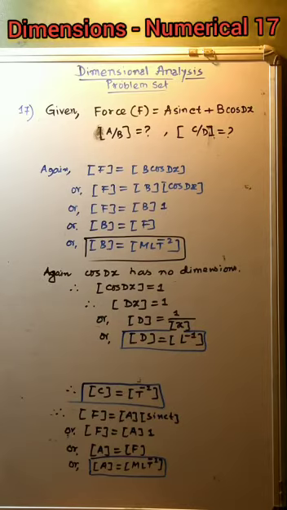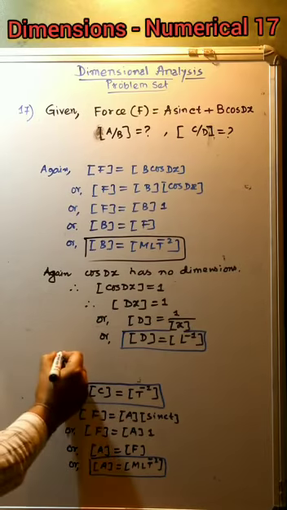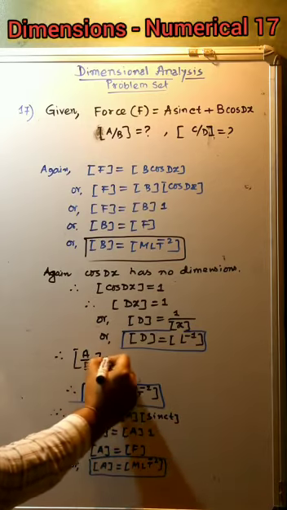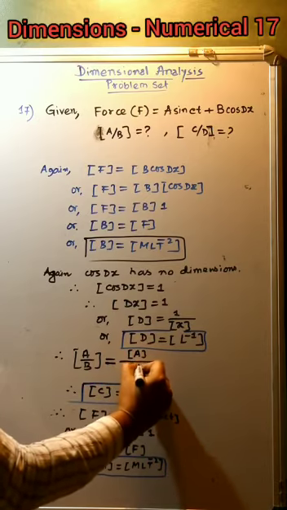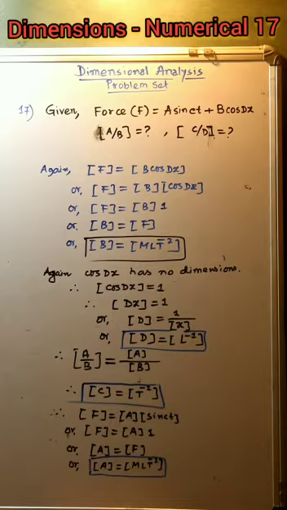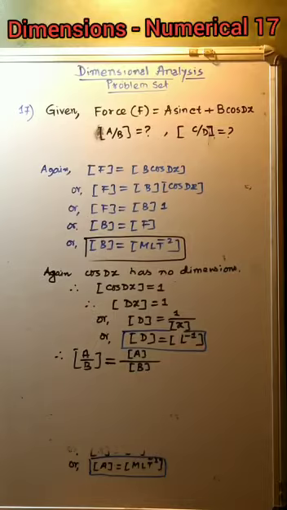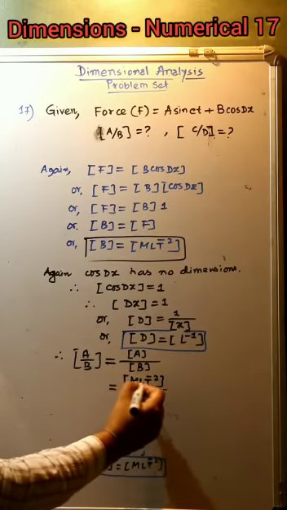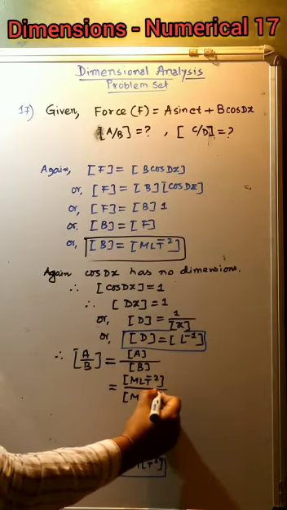So hence we can find the dimension of A by B. Dimension of A by B is equal to dimension of A divided by dimension of B. Dimension of A is the same as the dimension of force, M L T to the power minus 2, and we get the dimension of B as M L T to the power minus 2.